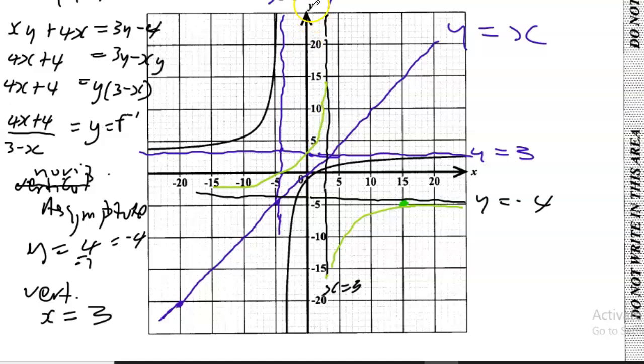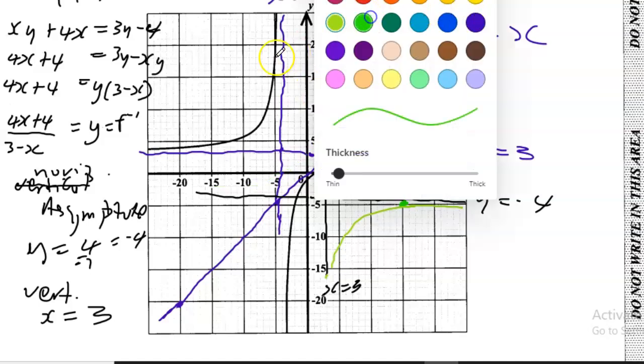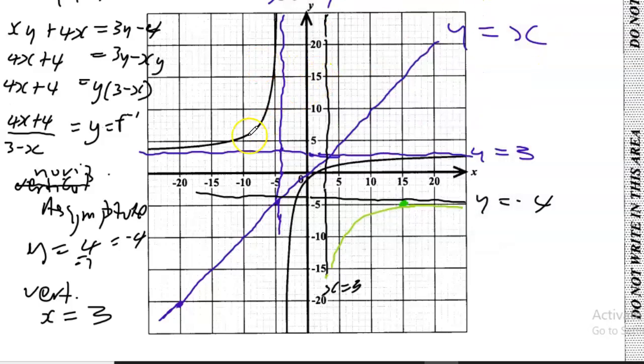Alright, so what I have in green, of course, it shouldn't touch it. What I have in green would represent the inverse. Of course, remember, this graph must not touch the asymptotes, okay? So it will look something like that.